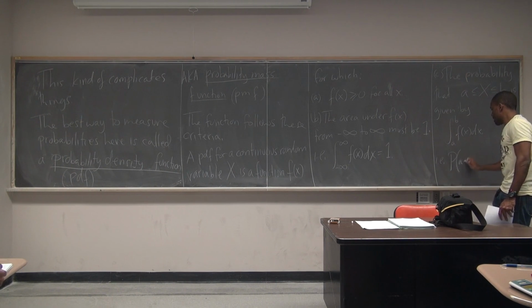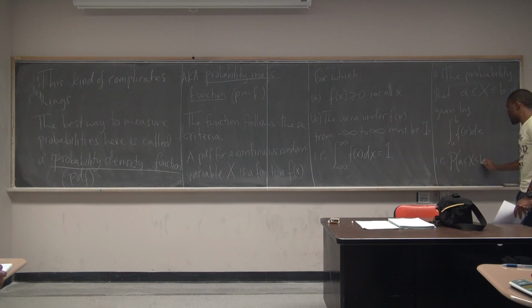The probability that x is between a and b is given by that integral, the area under the curve.